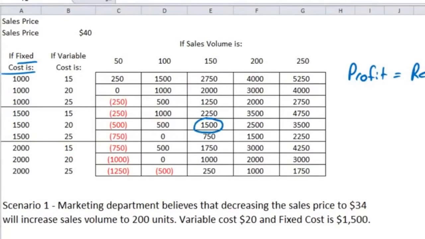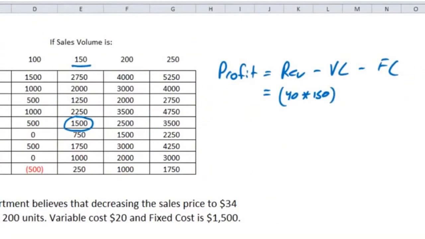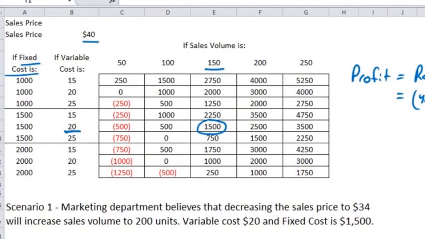So this value right here, this 1500, is calculated assuming the revenue is $40 times 150 units, because I'm in the 150 column. So 40 times 150 units, minus my variable cost, which in this row is 20.